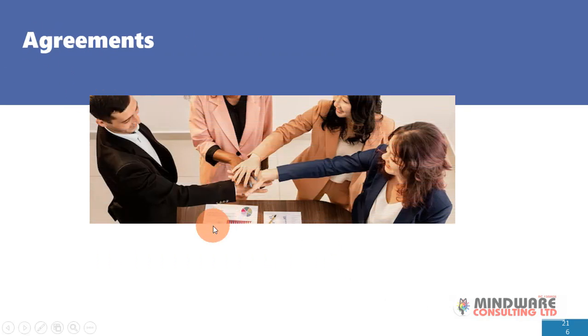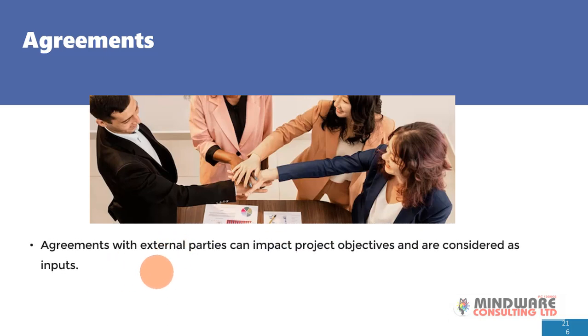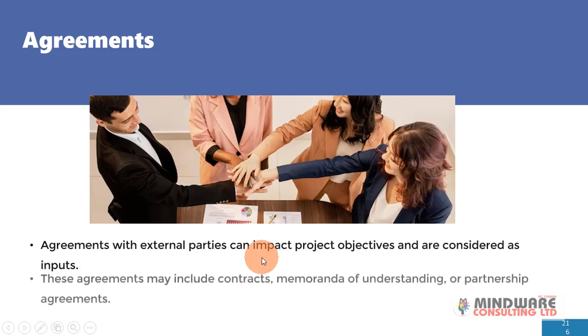We also have agreements. In every project you need to have consensus agreements. Agreements with external parties can impact project objectives and are considered as inputs. Of course, you must know what agreement you're having with whom, and these are also part of the inputs.